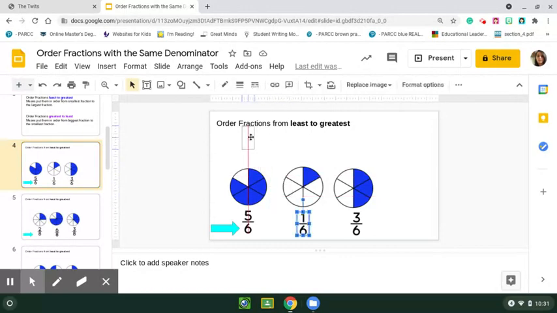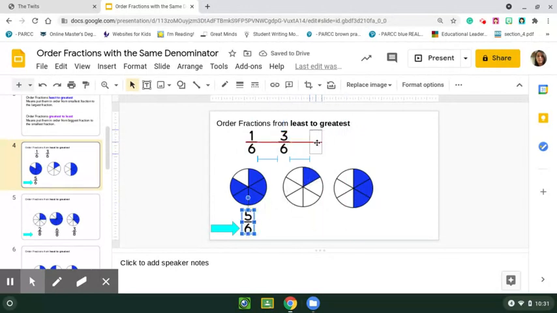So the first one is 1/6, then the middle, 3/6, and the biggest would be 5/6. We could look at the numerators 1, 3, 5 and put those in order, because the denominators are all the same, the same amount of pieces, the same size pieces.